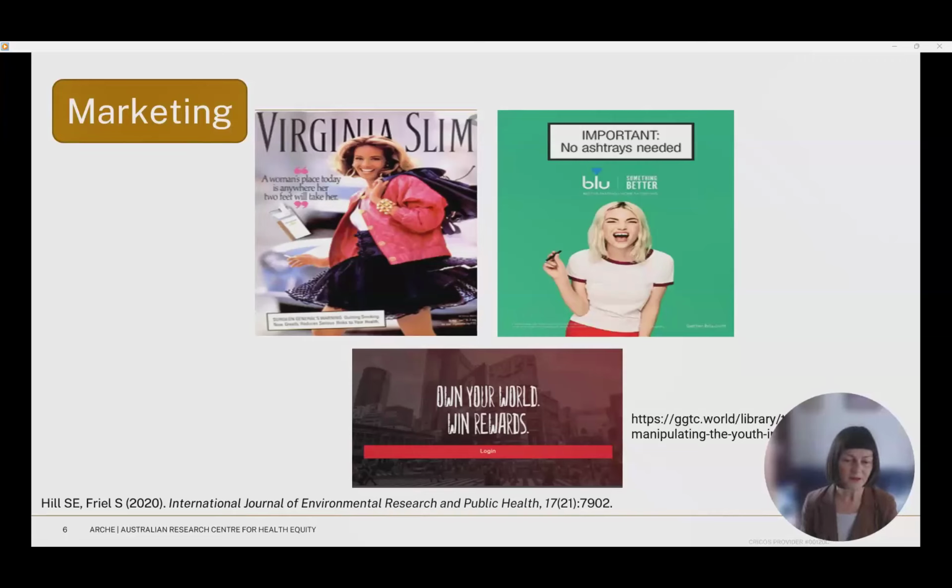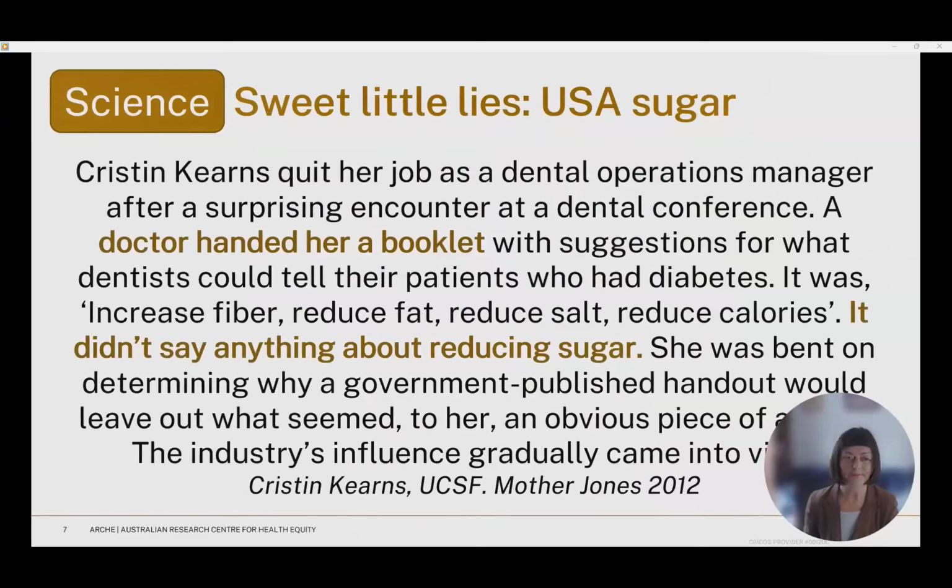And sometimes they advertise in ways that you don't even know what the product is, such as the one at the bottom, Own Your World, Win Rewards. This is about making you want to buy stuff, but it's about making you want to associate yourself with a brand. And that also creates a brand image for the companies.